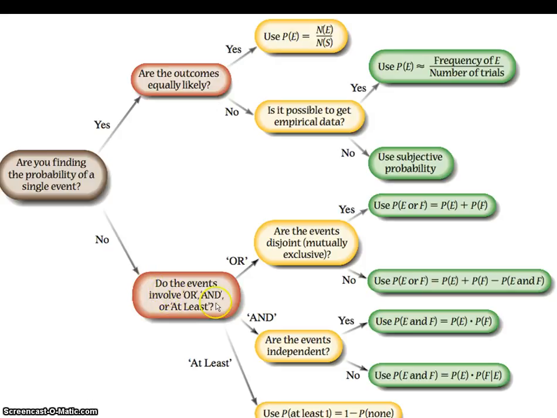And if the events involve or, and, or at least, then you would follow these branches. So let me just jump in and do some examples here. We'll kind of see how this works, and you don't necessarily have to follow this flow chart in a hard, fast way. If you sort of see how to do the problem, you don't have to use the flow chart.